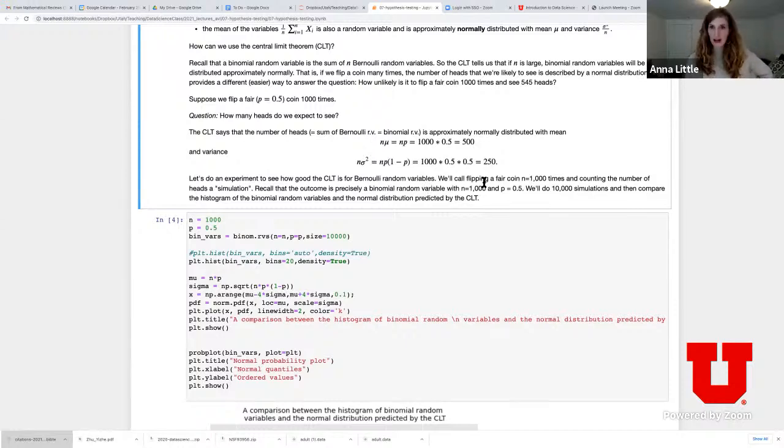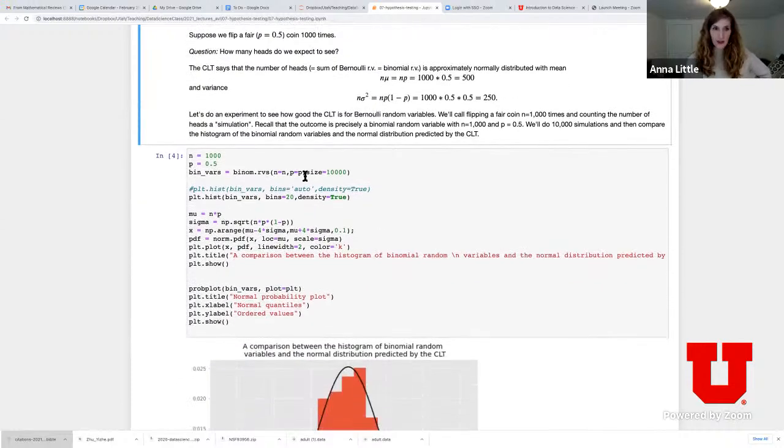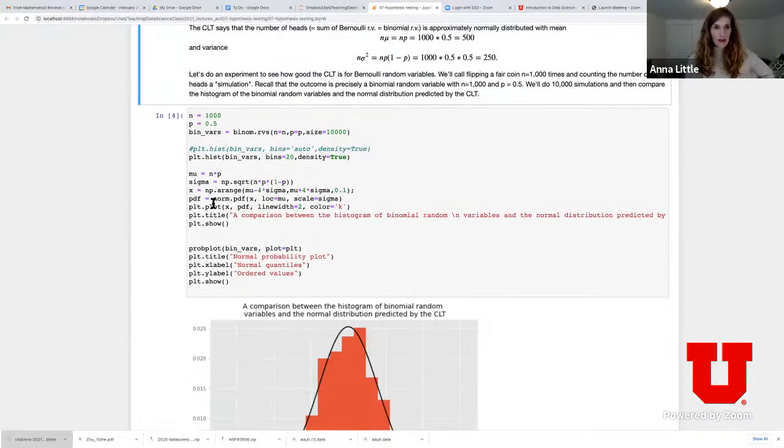We can do that with a simulation. First of all, we can sample 10,000 random variates from the binomial distribution, and make a histogram of those values. Then we can overlay that histogram with a plot of a normal PDF with the mean we computed here, a mean of n times p, or 500, and the corresponding variance of 250.